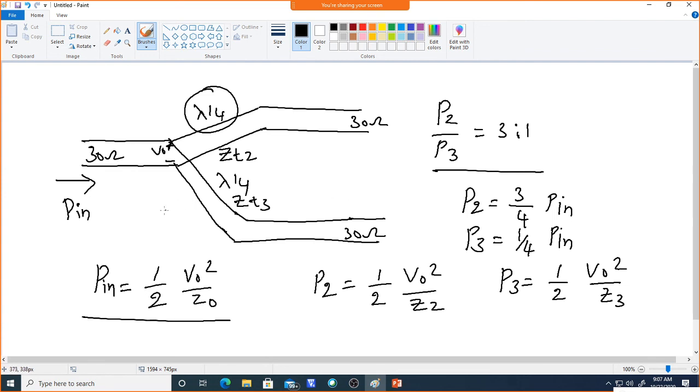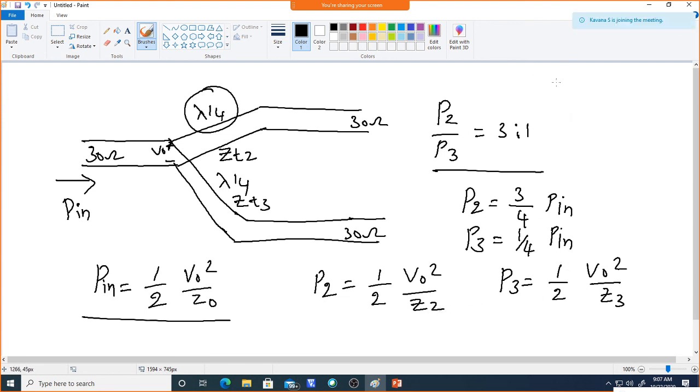Input power whatever we have defined, 3 by 4th of the power is going to port 2, and 1 by 4th of the power is going to P3. Now we know the expressions for P2, P3 and P in, so substitute and you will get the values for the impedances Z3 and Z2.